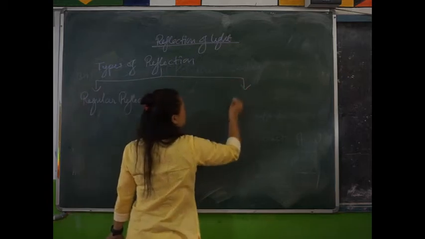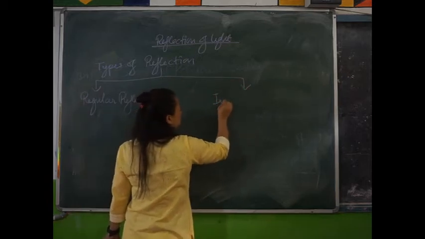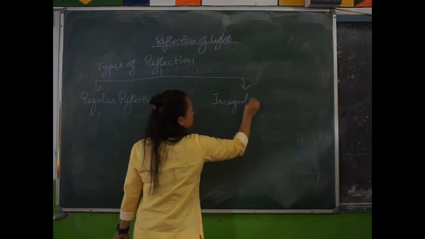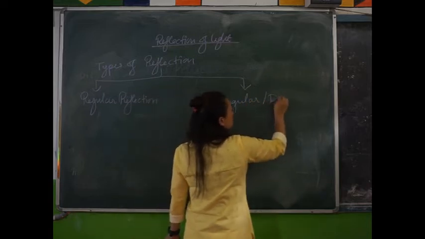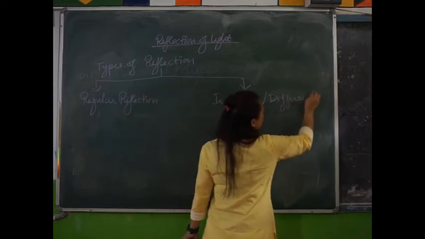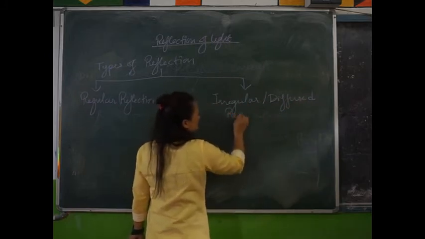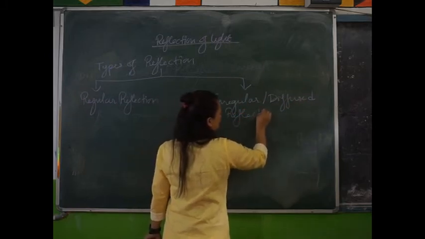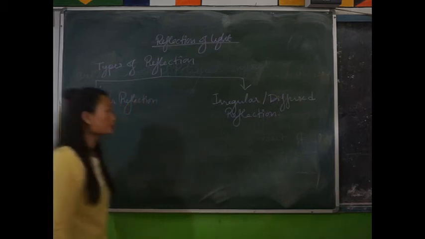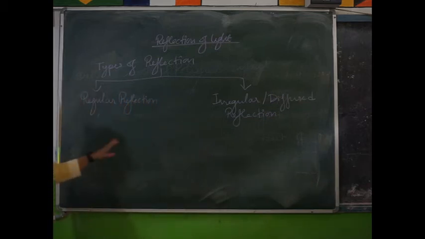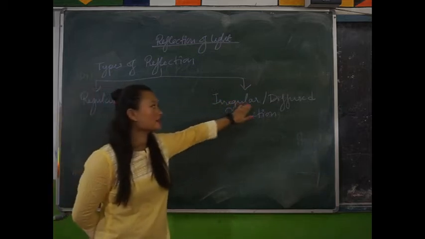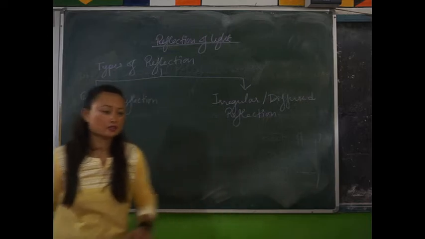Another one is called irregular or diffused reflection. So depending upon the surface, reflection can be of two types: one is regular reflection, the other is irregular or diffused reflection.